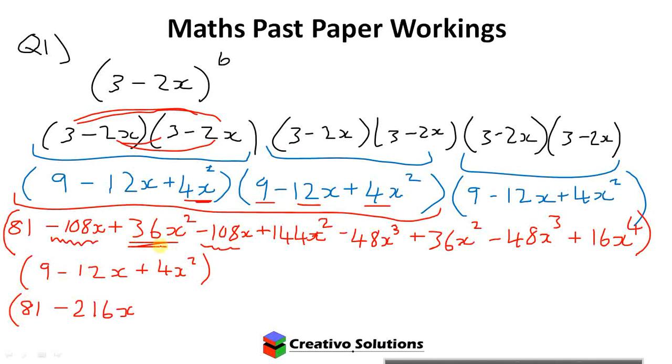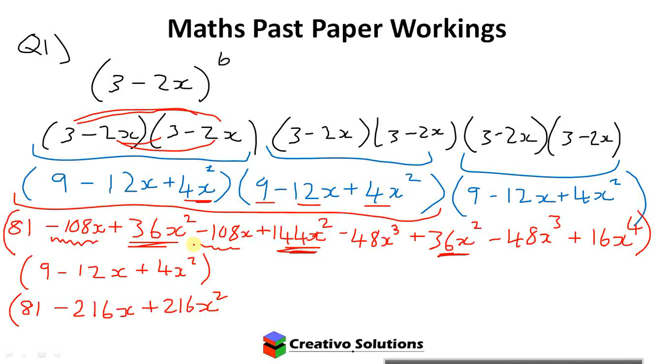Okay, here I've got an x squared. Here I've got an x squared. Here I've got an x squared. Calculator. There we go. Okay, so 36 plus 144 plus 36 is 216x squared.